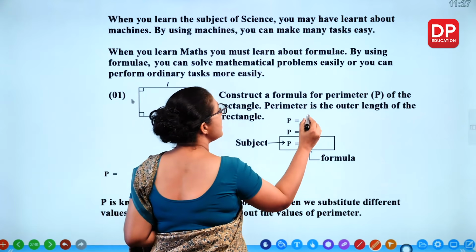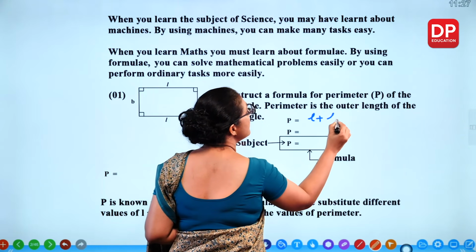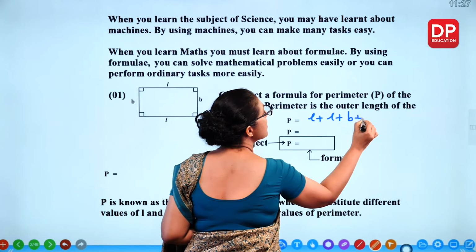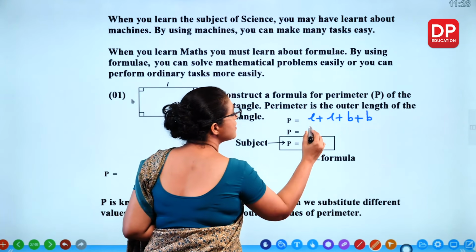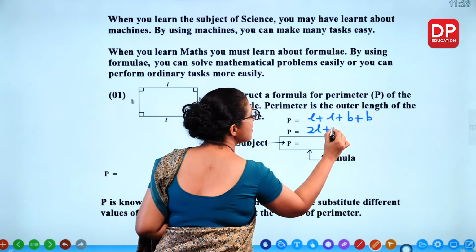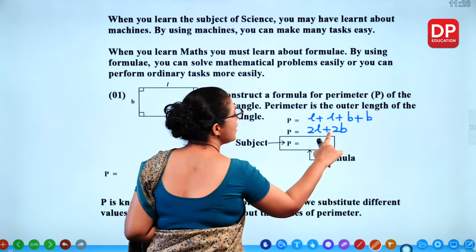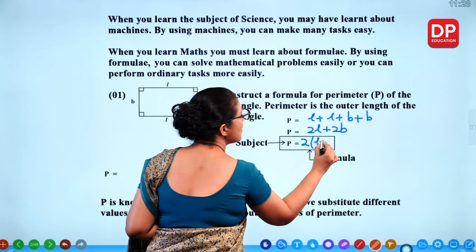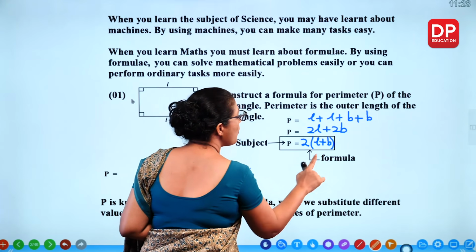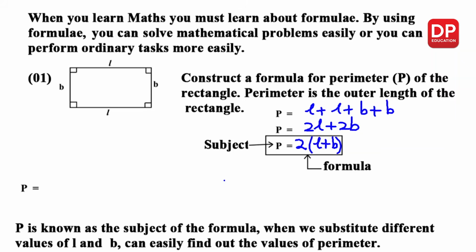I can write L plus L plus B plus B. Then adding like terms, 2L plus 2B. Then when you take 2 out, I can write 2 times L plus B. So we call this a formula.